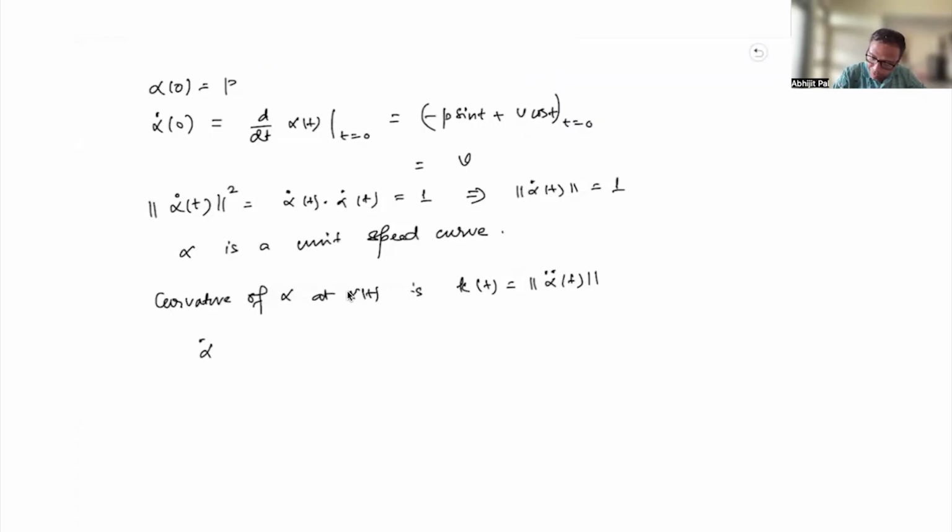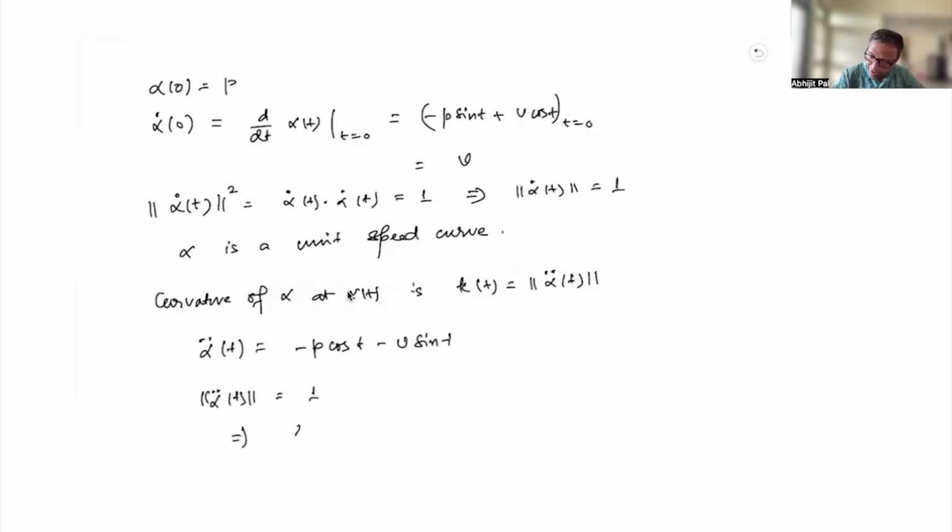And what is alpha double dot(t)? This is equal to minus P cos t minus V sin t, and the norm of this alpha double dot(t) is equal to 1.